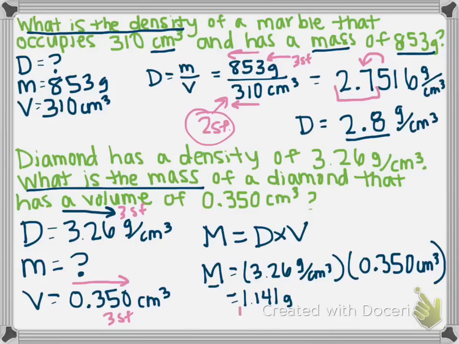And so I need 3 numbers right there. Okay, if I look at my rounding rules, that last 1 is not going to round up my 4. So my final answer is just going to be 1.14 grams. Final answer.